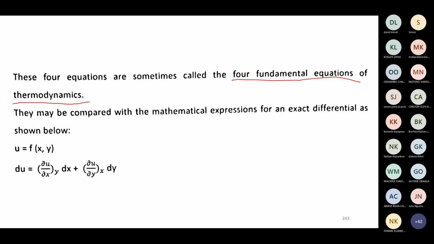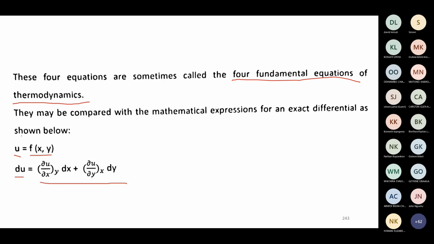They may be compared with the mathematical expressions for an exact differential. First of all, you consider a thermodynamic quantity being a function of two variables, so that when you differentiate it, you get an expression like this.